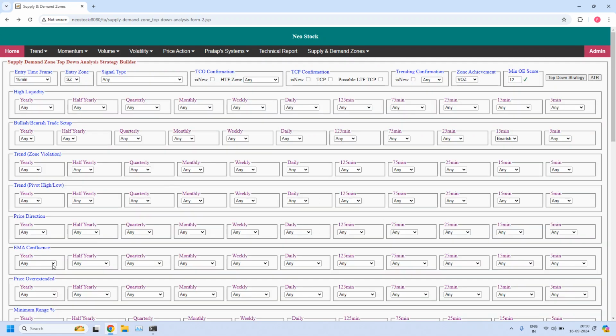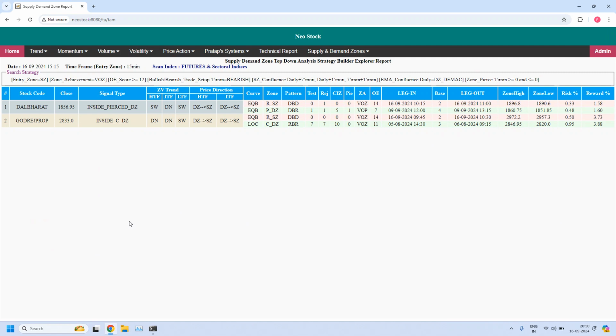So in the EMA confluence, daily time frame, if the daily zone is having daily EMA confluence, it's a high probability trade setup. So both are filtered, and the first one we can ignore because it is sideways, but Godrej Properties is a high probability trade setup. Maybe that is the reason why it has already been tested 7 times, with 7 rejections from this zone.